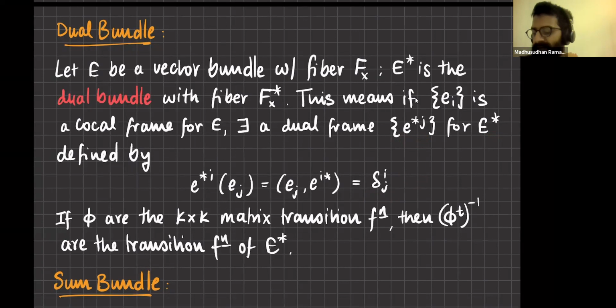And if phi are the transition functions, which are k cross k matrices for the vector bundle E, then phi transpose inverse are the transition functions for the dual vector bundle. Okay.